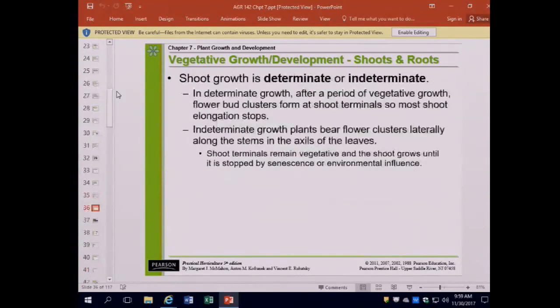Told you I was going to skip along pretty quickly. All right, we're going to talk about shoots. Shoot growth, in general in annuals, you're going to have two different types. What I normally use for an example of this is the tomato. There are distinct differences in tomato varieties: determinate varieties, and then indeterminate varieties.